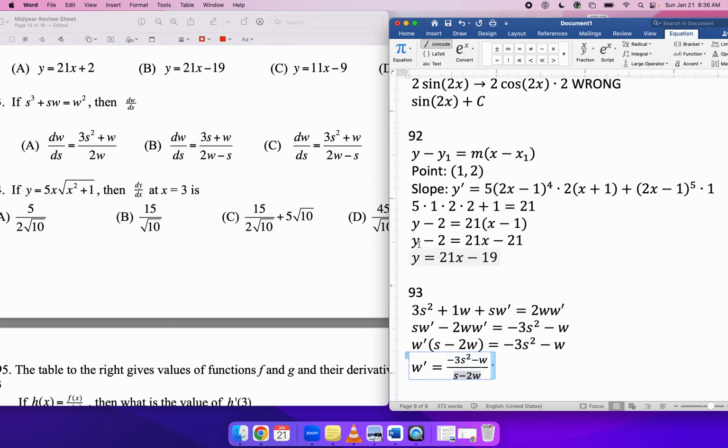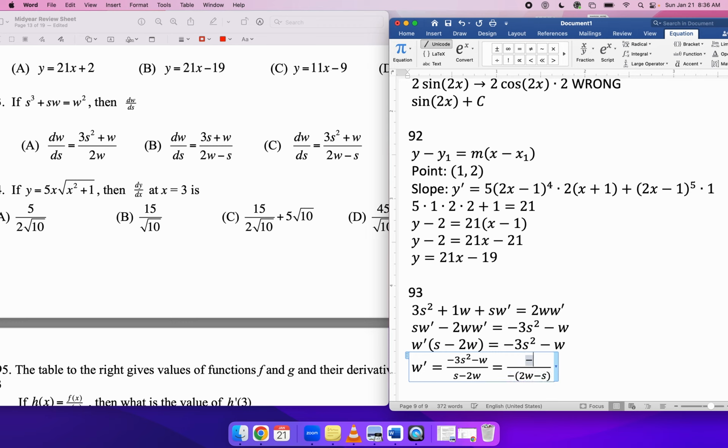I've got a feeling that's not going to appear among the answers because there's an easier way of writing it. If I change the order of the subtraction here, I can write 2w minus s, but that produces a minus sign. When you switch the order of subtraction, you get a minus sign.